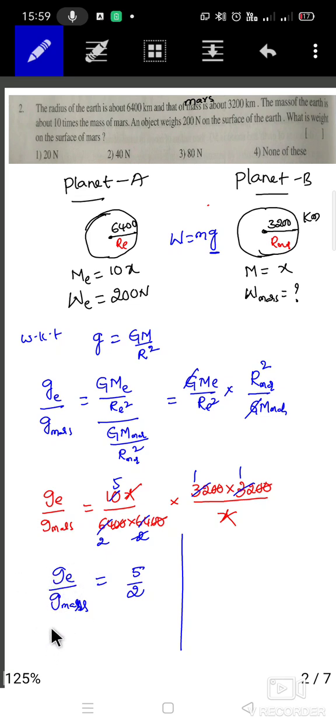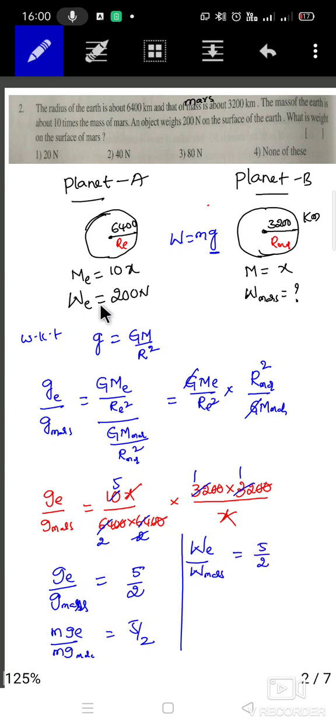So it becomes m gE by m g Mars, which is equal to 5 by 2. This becomes the weight on the earth by the weight on Mars, because mg is the weight, which is equal to 5 by 2.